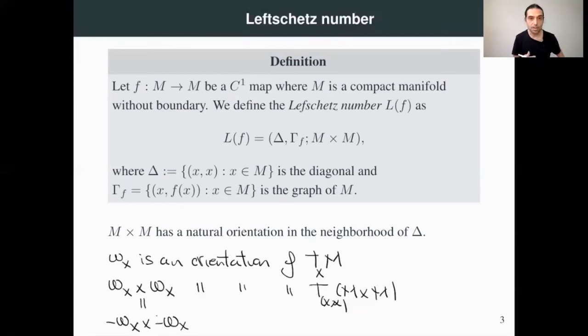It's because the restriction of the tangent bundle of the total space to M is isomorphic to the direct sum of the tangent bundle with itself. And here we are working in the product of the manifold M with itself.